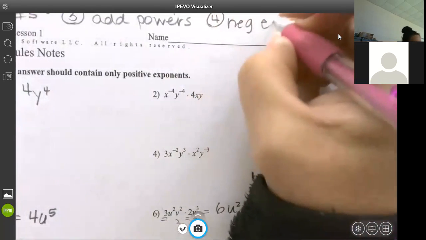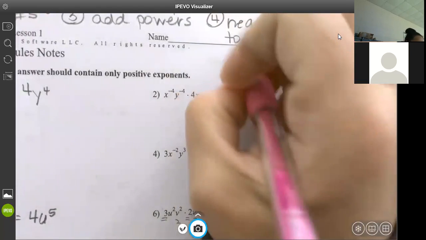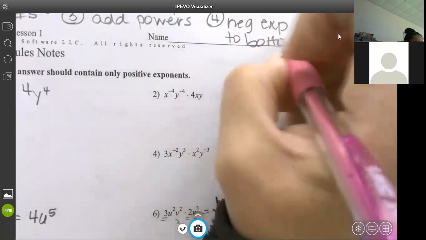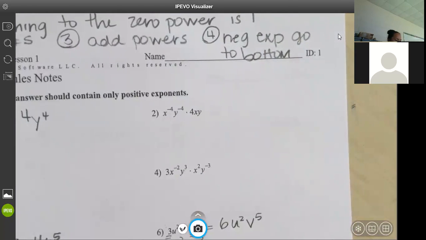So if we have negative exponents, I'm going to say that they go to the bottom, which means they're going to make a fraction. They go to the bottom. So I'm actually going to start with number 3.